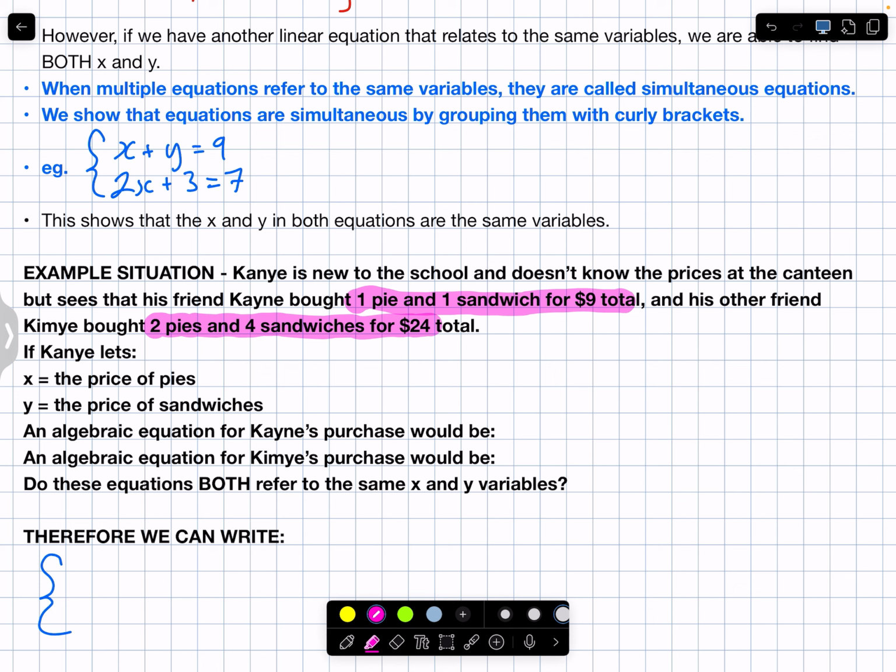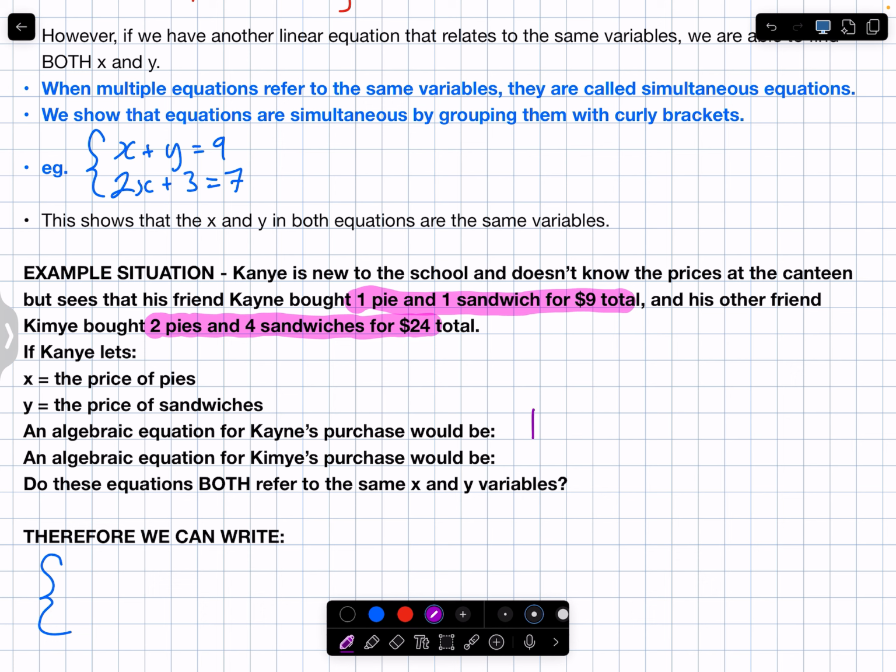So we can actually use algebra and simultaneous equations to solve this. If I said that x is how much the pies cost and y is the price of the sandwiches, could I do some algebra to say what Kane bought? If Kane bought 1 pie, how much would the price of that 1 pie be?